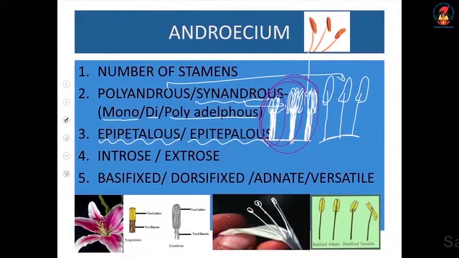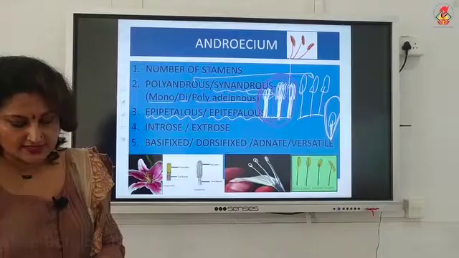If the stamen is attached to the petal, it's called epipetalous. If the stamen is attached to the tepal, it's called epitepalous. Very simple. So if I am drawing a stamen, if this is attached to the petal, it is called epipetalous. But if it is attached to a tepal, the term changes into epitepalous. Clear?